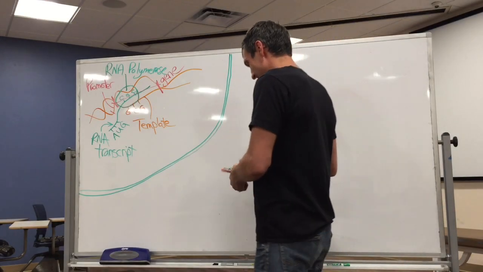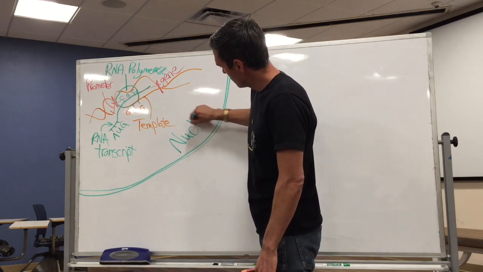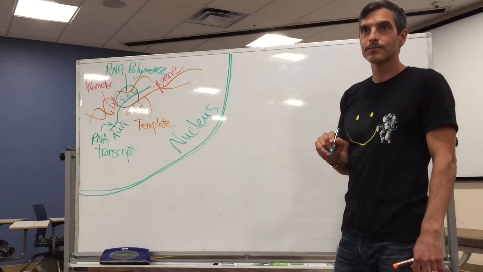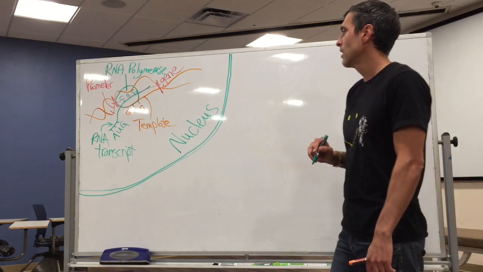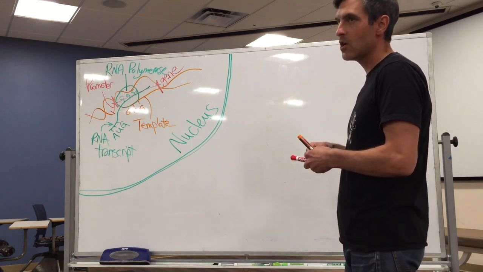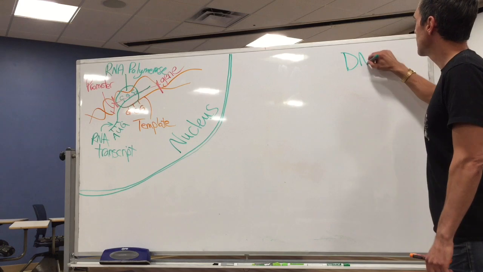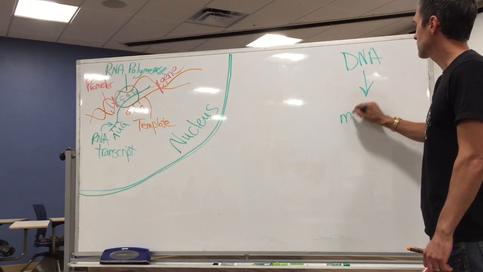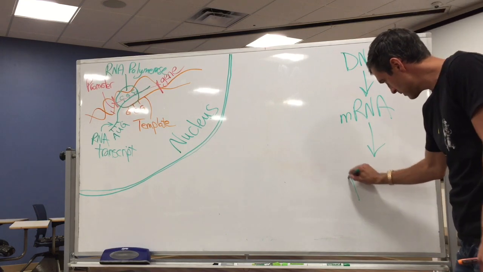So where are we here? We're in the nucleus, if we're in a eukaryotic cell. What if we're in a prokaryotic cell? It would take place in the cytoplasm. So this is called the central dogma. It's to go from DNA to messenger RNA to protein.